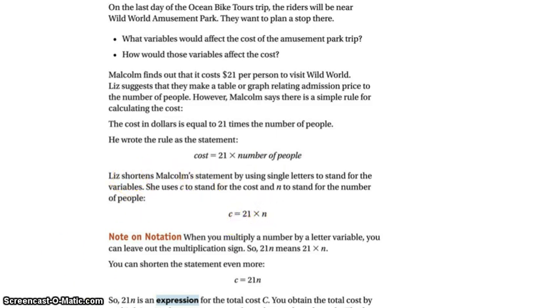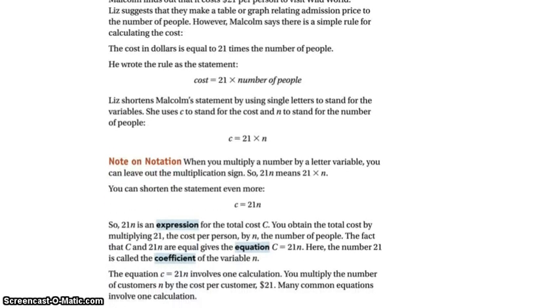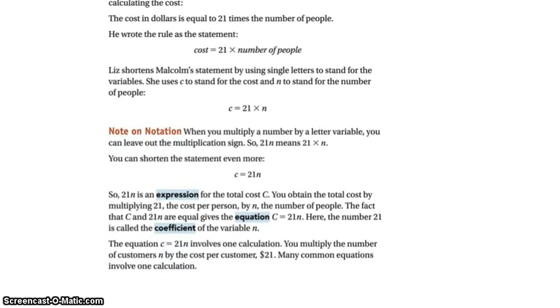times N. Because we are in math and we like to keep things simple, and I've been telling you all year that I like to abbreviate and I don't like to write out long words, and you saw me earlier in the week abbreviate the word bike with a B. So we can say that cost is now represented with a C, N would stand for number of people, and we can even abbreviate multiplication in math.